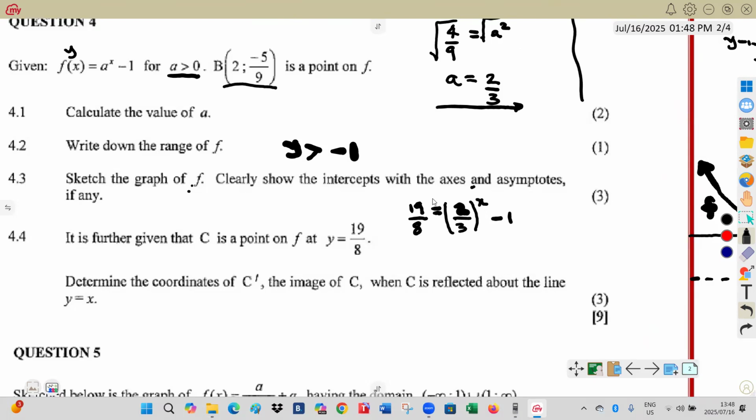So if we add the 1 on the other side, it means it's going to be 27 over 8.